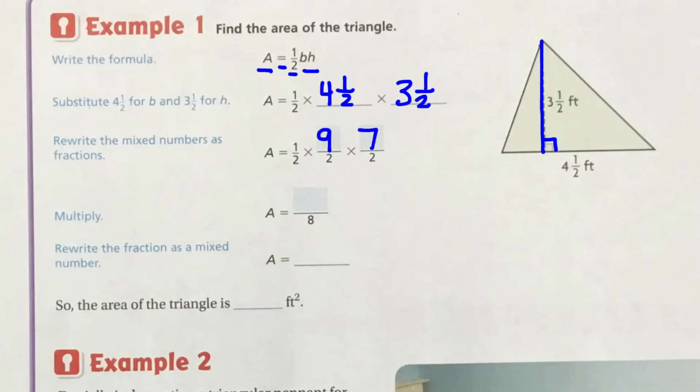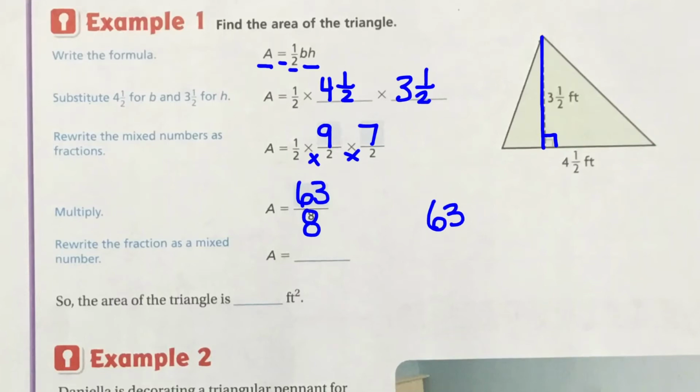Okay. So what's 2 times 2 times 2? 8. What's 9 times 7? 63. So now I'm going to put 63 in the box and divide by 8. Okay, this can go into it 7 times. I get 56.